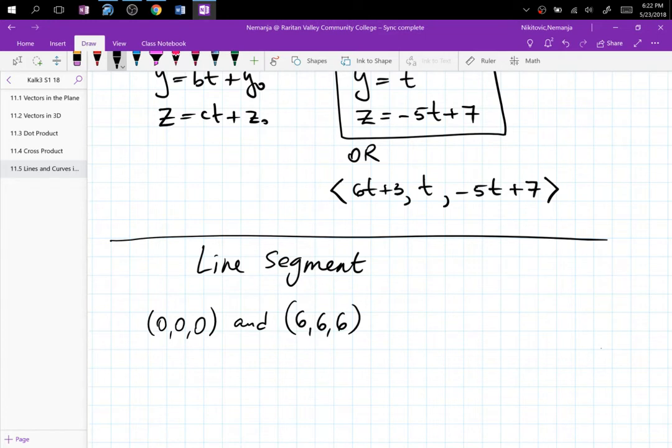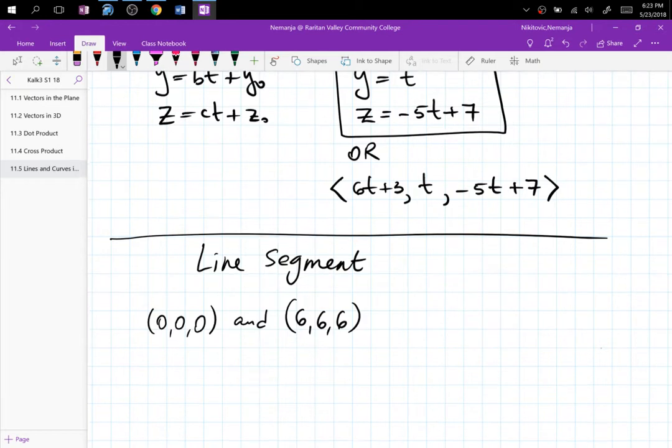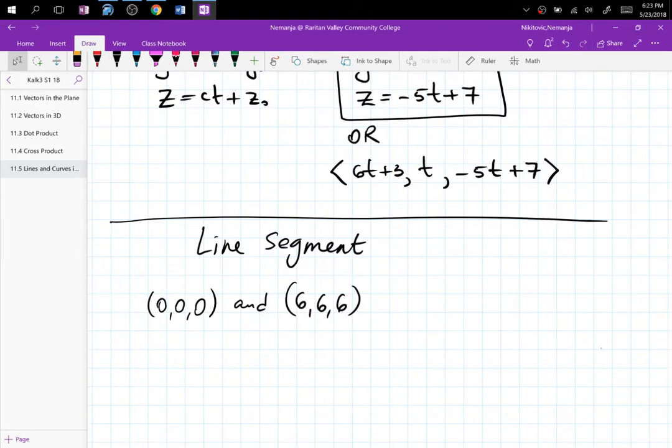By popular demand, 6, 6, 6. So now what you have is the line segment that stretches from the origin to the point 6, 6, 6. And we know how to parametrize this. This is my x0, y0, z0 starting point.